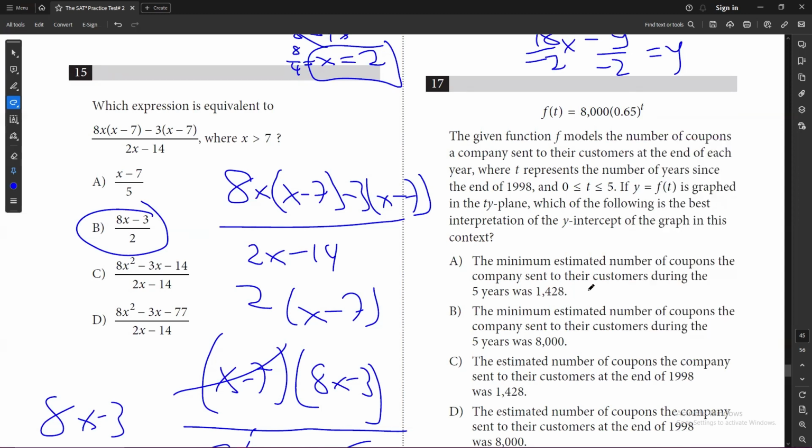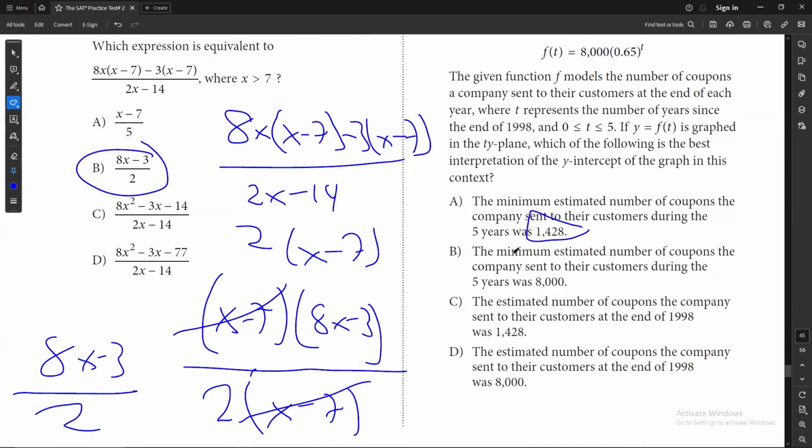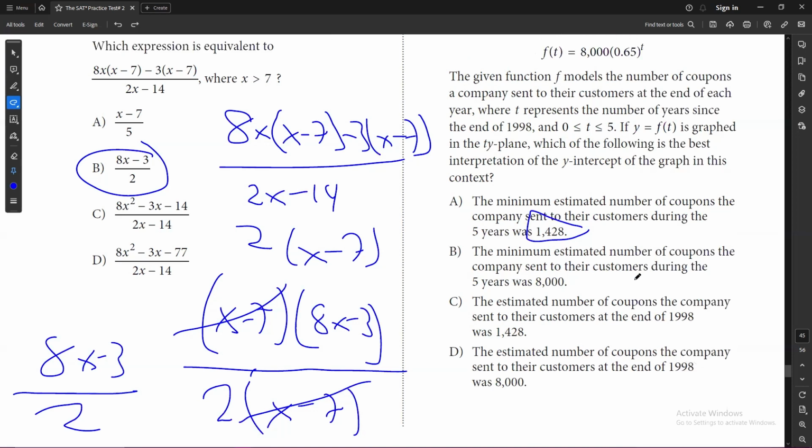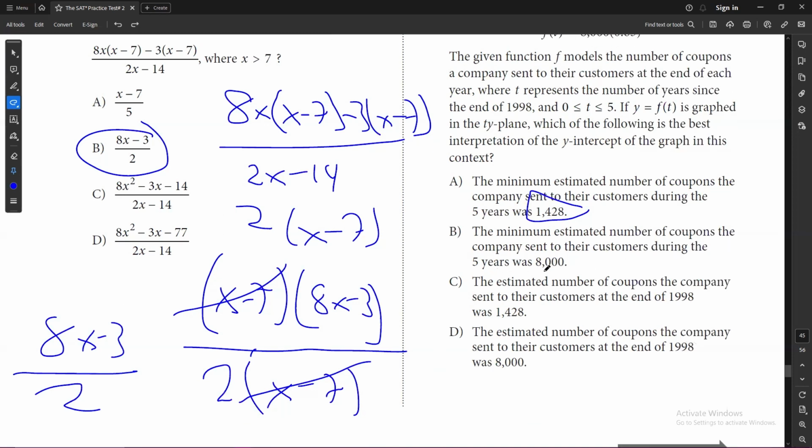Therefore, I didn't get this value, so this is not correct. The minimum estimated number of coupons the company sent to their customers during 5 years was 8,000.